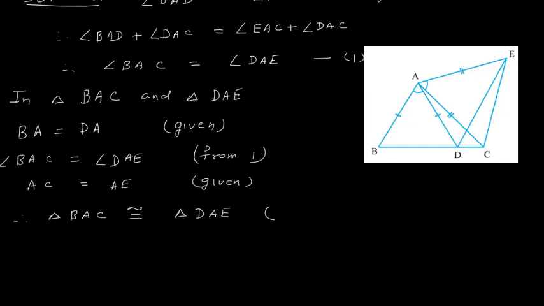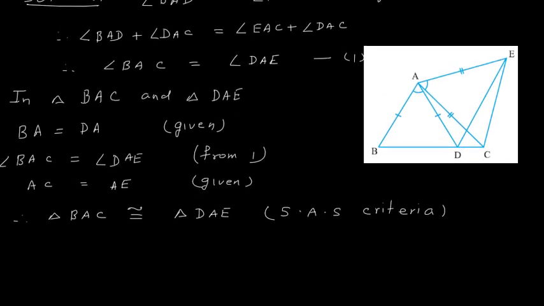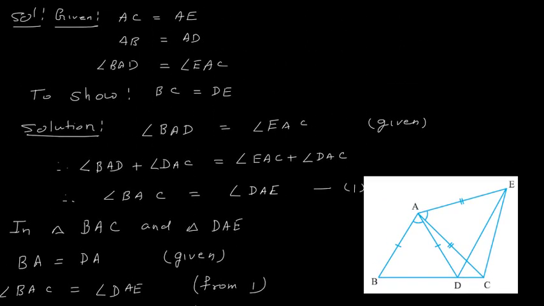The criterion is side angle side criterion. This is the side angle side criterion. Okay, simple. Now let us move to the next problem. What we have to show: BC is equal to DE.